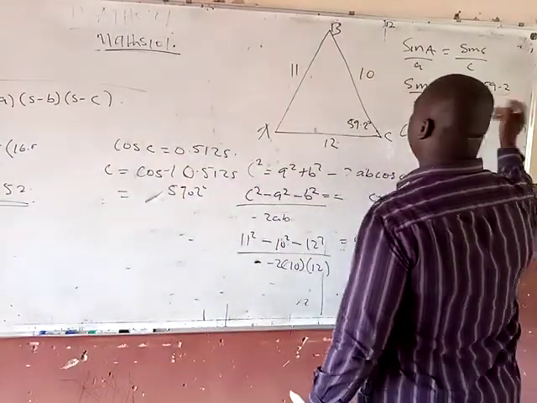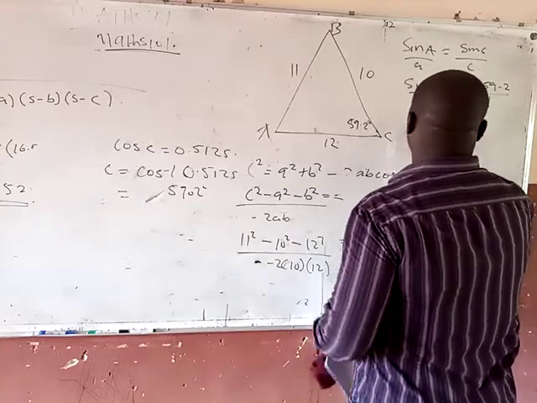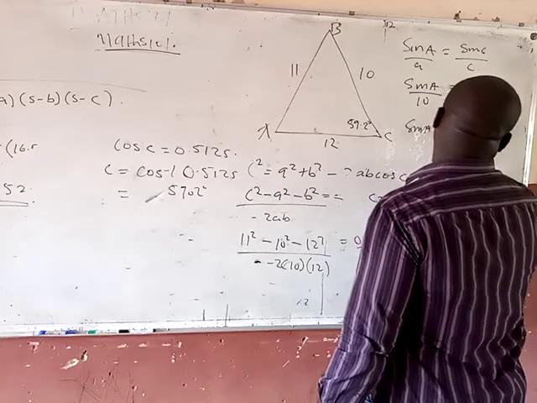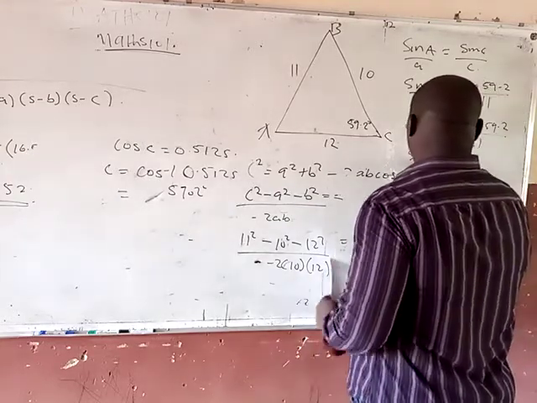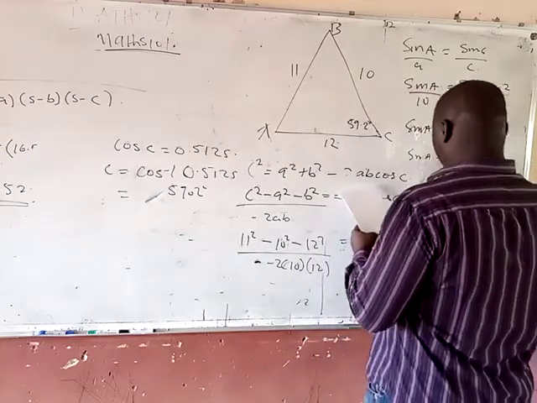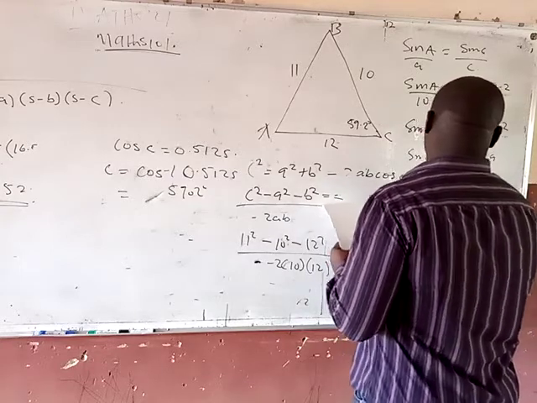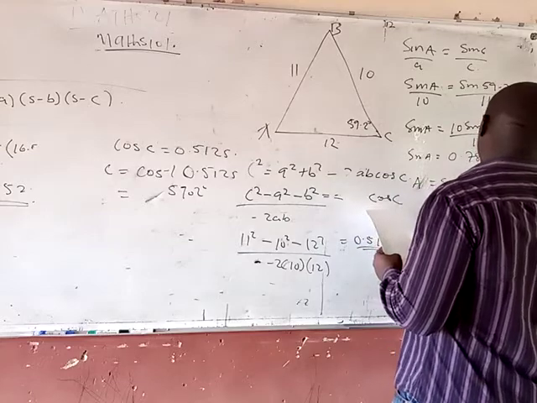We already have C to be 11. So what we want to calculate is sine of A, right? So sine of A is 10 sine 59.2 divided by 11. So sine A should give you 0.7809. So A is what? Sine inverse of 0.7809, right?